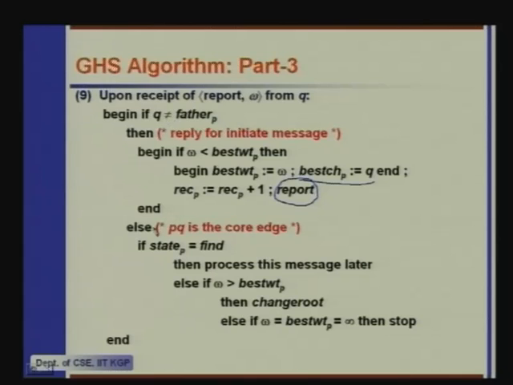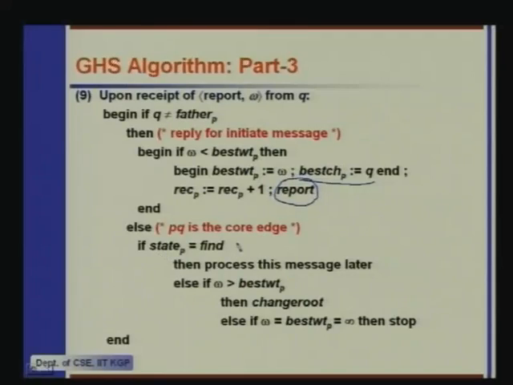If Q is father P, then PQ is the core edge. When you are in the core edge, then you check if state P is equal to find. If the state P is equal to find, that means that your own subtree's search has not completed. Suppose the fragment under P completes first, then P will send a message to Q. Now, Q will get a message from its parent, but can Q take a decision right now?